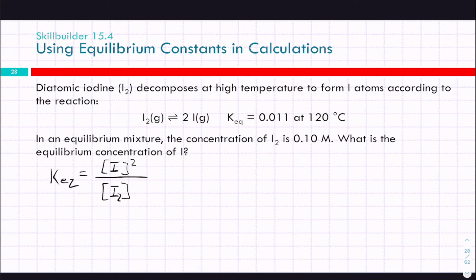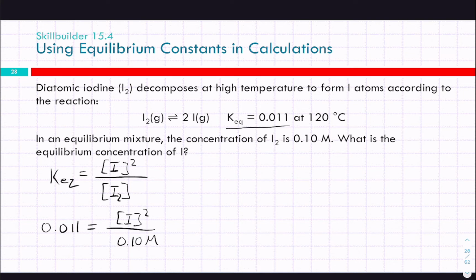Now we can take our equilibrium constant and plug that in for KEQ. So 0.011 is equal to I squared, which we can leave there as our unknown, over the concentration of I2, which will be 0.10 molar.